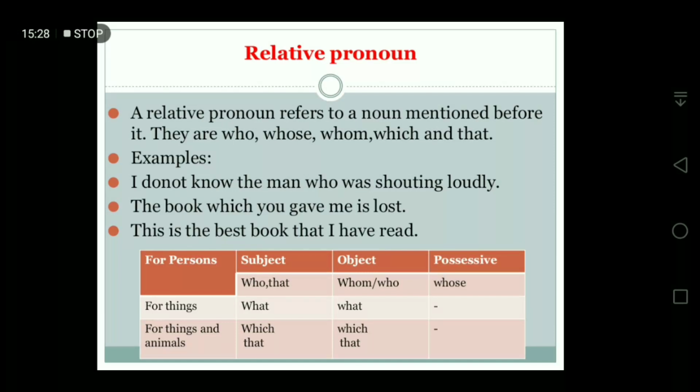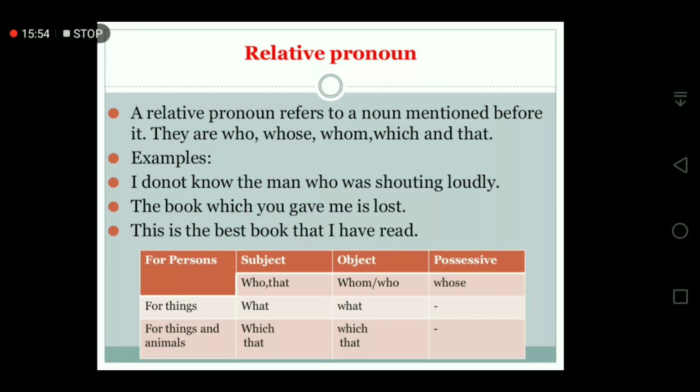So here is the table showing which relative pronoun we use in a sentence for persons, for subject, for object, and for possessive. Clear? For person, we use who or that, whom or who. For subject, it is who, like in the first sentence. For object, you can use whom or who, according to the sense.